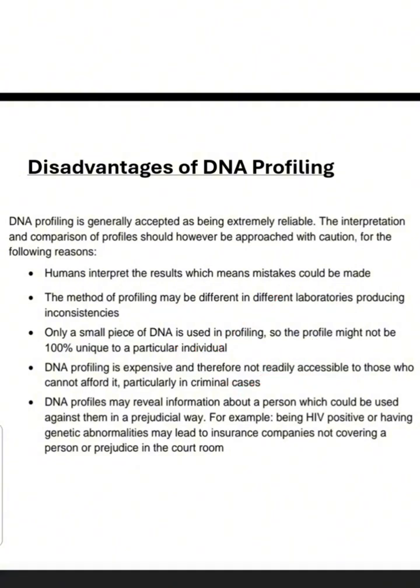A profile may reveal information about a person which could be used against them in a prejudicial way. For example, being HIV positive or having genetic abnormalities may lead to an insurance company not covering a person, or prejudice in a courtroom.